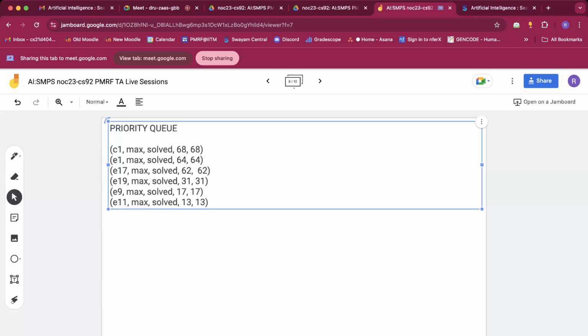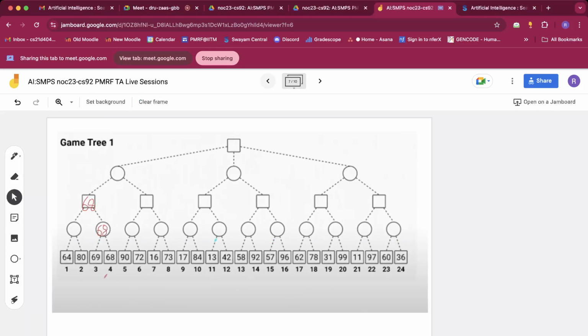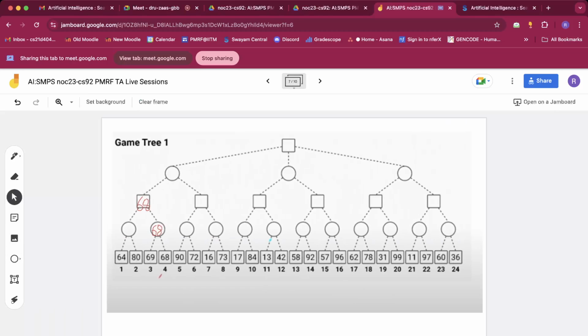Now we will look at the sibling of C1, which would be C2, and we will recursively solve C2 using the SSS star method again to find that this also returns a value of 68 itself.